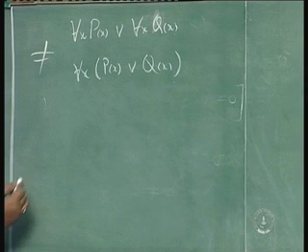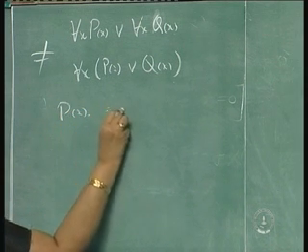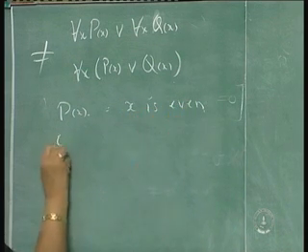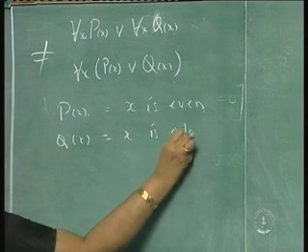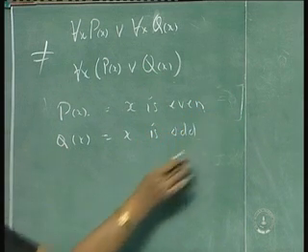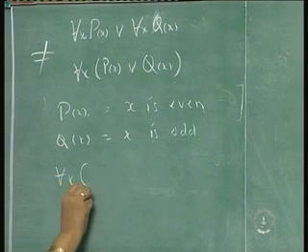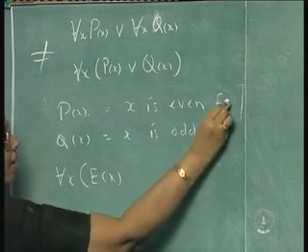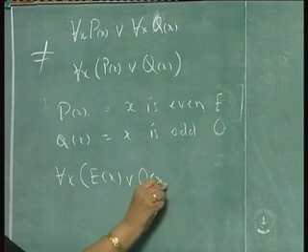Just look at it this way. P of x denotes x is even and Q of x denotes x is odd. In that case, this would mean for all x, E of x or O of x. This is true, isn't it?